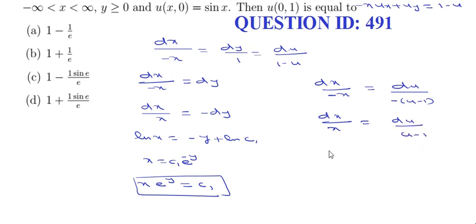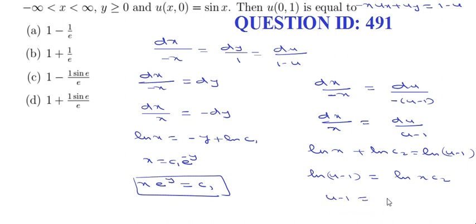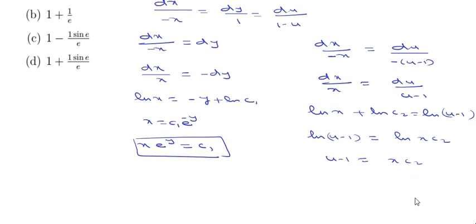So this is log x plus log c2 equal to log of u minus 1, that is log of u minus 1 equal to log of x c2. So we have u minus 1 equal to x c2, therefore u minus 1 by x equal to c2. So this is another function.